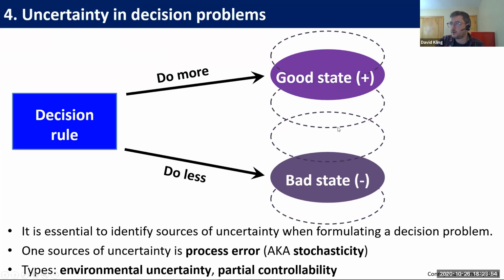So process error refers to one classic source, environmental uncertainty, where I may push the state to a good outcome, but exogenous influences, like the weather in the cattle stocking example, could have been a source of process uncertainty built into that older deterministic model.